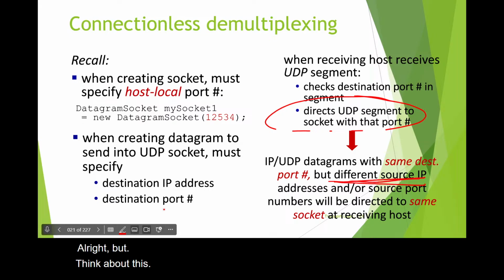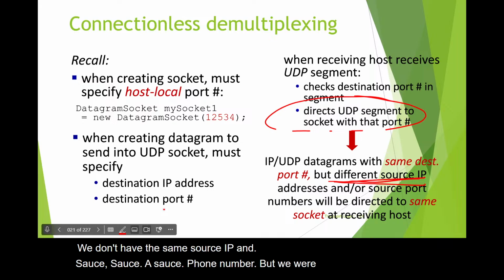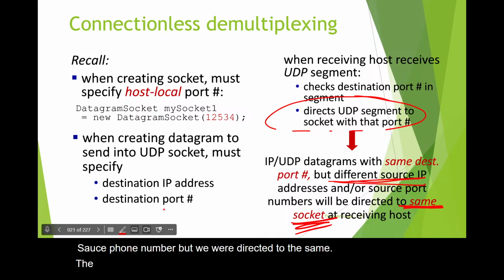We don't have the same source IP and source port number, but we will direct it to the same socket. So indeed, currently, we have a destination IP and the destination port number.